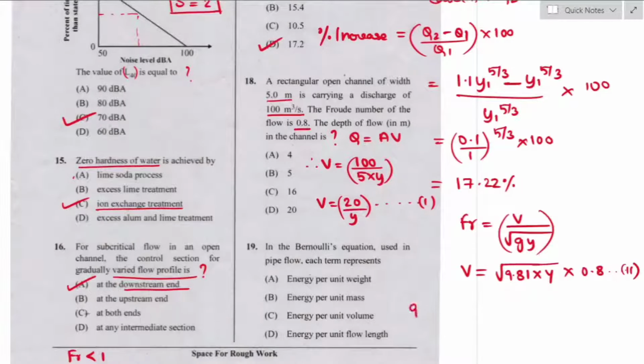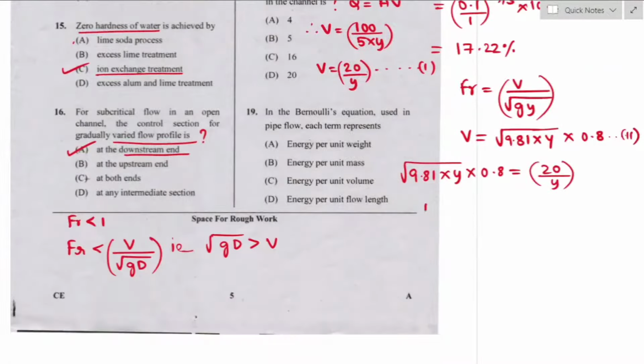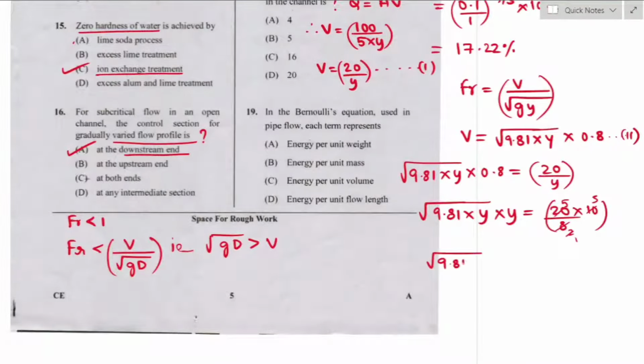From both these equations, square root of 9.81 into y into 0.8 is equal to 20 by y. Square root of 9.81 into y is equal to 20 divided by 0.8 into 10, is equal to 25.